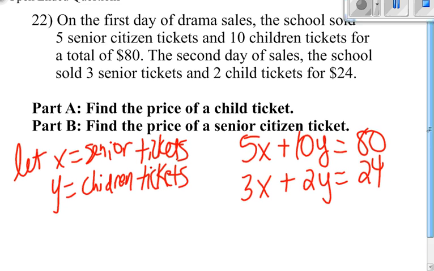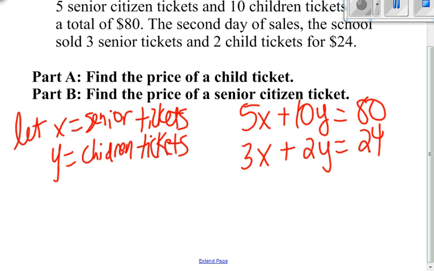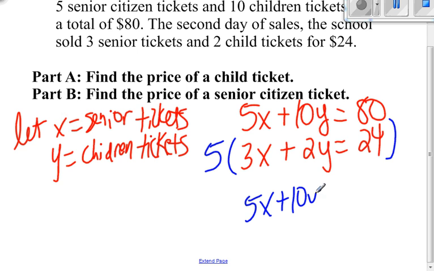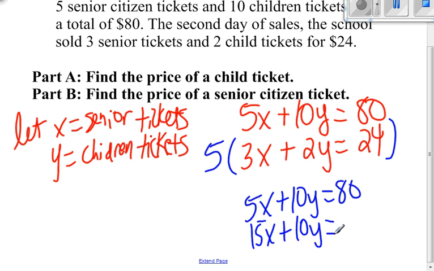Now you have to solve the system. I'm going to use elimination since they're all lined up. I notice that the x's do not match, the y's do not match. So let's multiply the bottom equation by 5. That'll make both of them have 10y. So I'll rewrite both of the equations. 5x plus 10y equals 80, and 15x plus 10y equals 120.